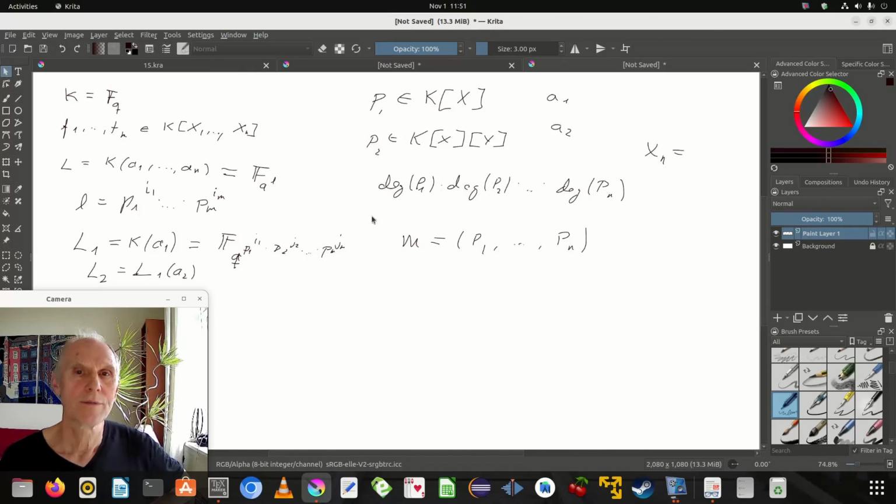So this is the degree of one. So the product of all the degrees gives exactly Q to Lth. And that's the norm of the maximal ideal as well. And it's the number of points. Here I'm using problem 14, I think.